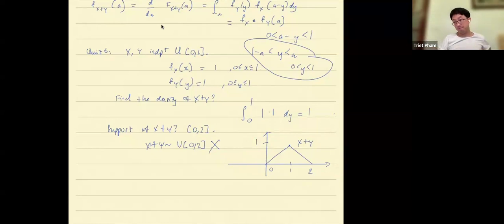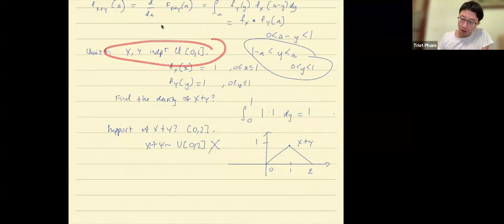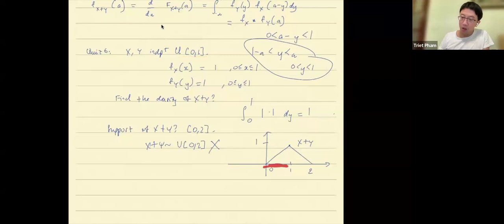Well, these are uniform, so there's no preference over values between 0 and 1. So the only thing that matters here is the number of combinations. How many ways can you sum up to 2 using numbers from 0 and 1?